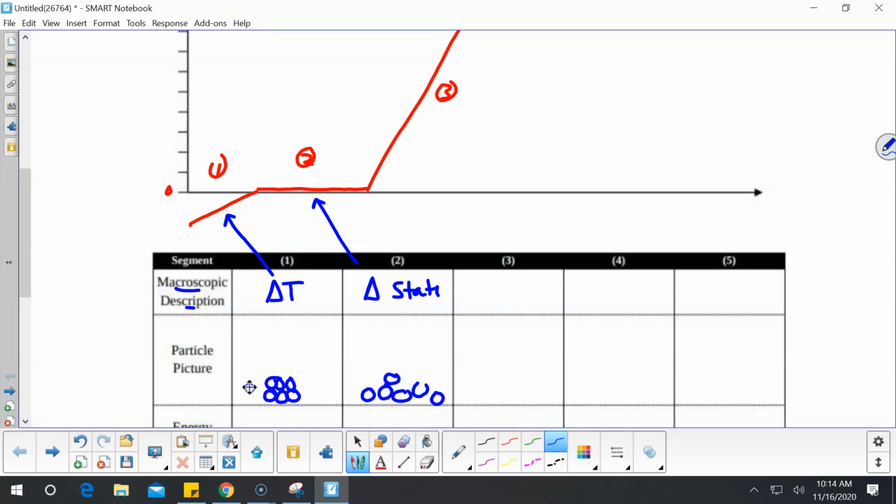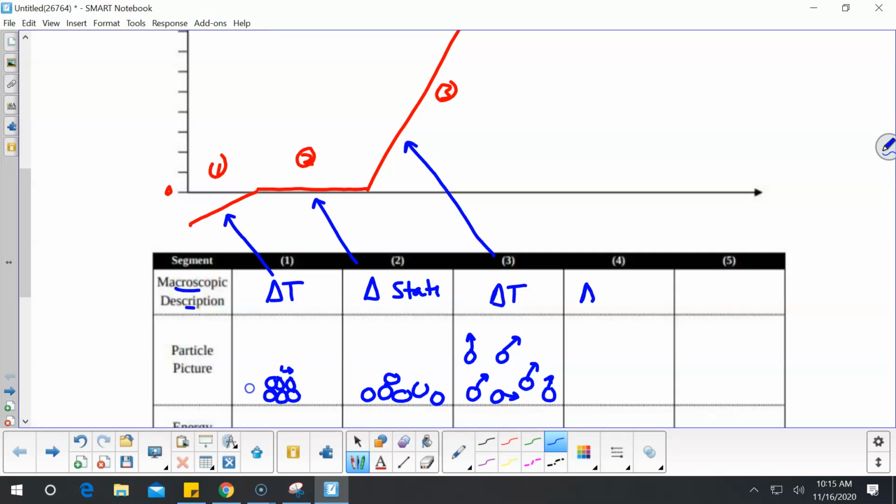The next one is another change in temp. That means these particles are going to start moving faster. We know these particles are moving here, but very slowly. These still are flowing, they're still liquid.